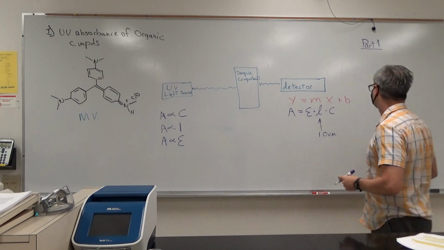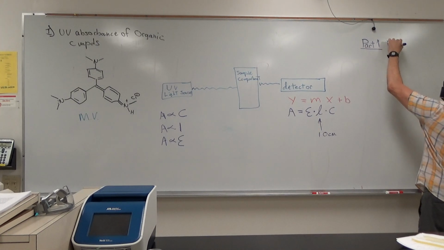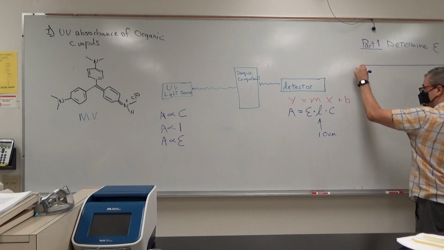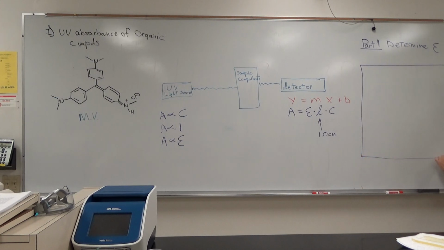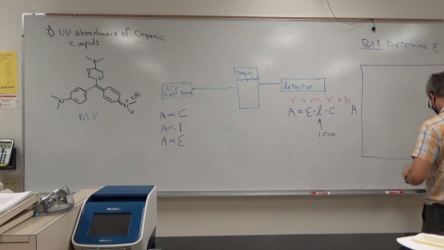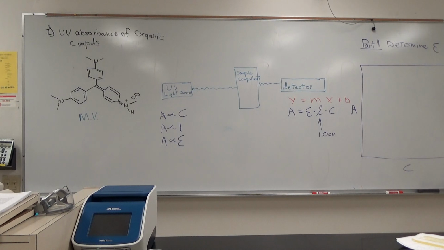The first thing you're going to do, in part one, is determine epsilon. The way we're going to do that is this, in molarity, concentration in capital M. There are 4 standard solutions that have been prepared for you.